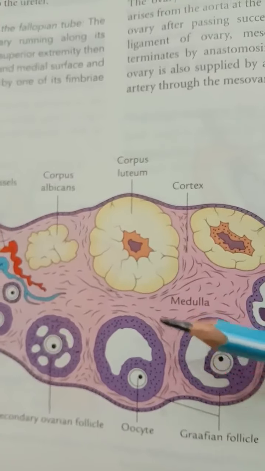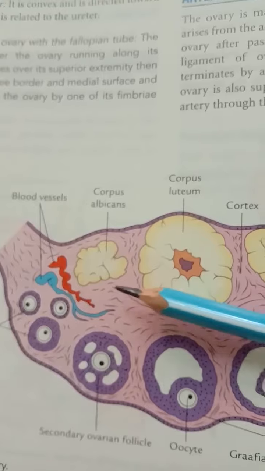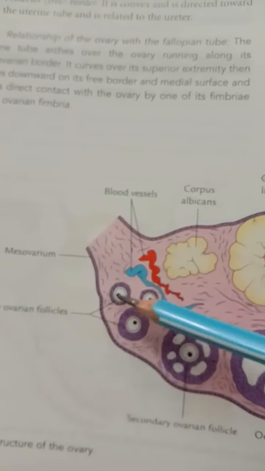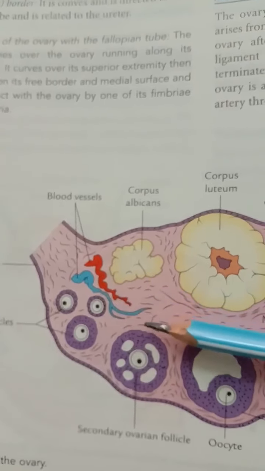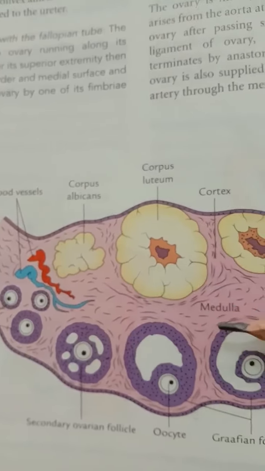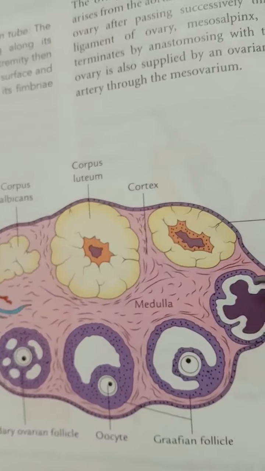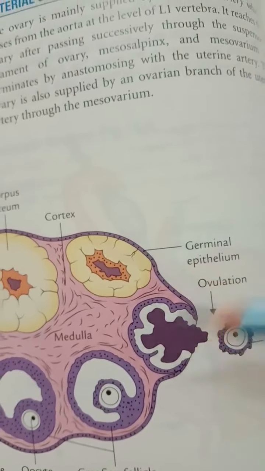The ovum develops into a small cystic follicle called the Graafian follicle. Here you can see the Graafian follicle, which ruptures approximately in the middle of the menstrual cycle, that means on the 12th or 14th day, and releases the ovum into the peritoneal cavity.